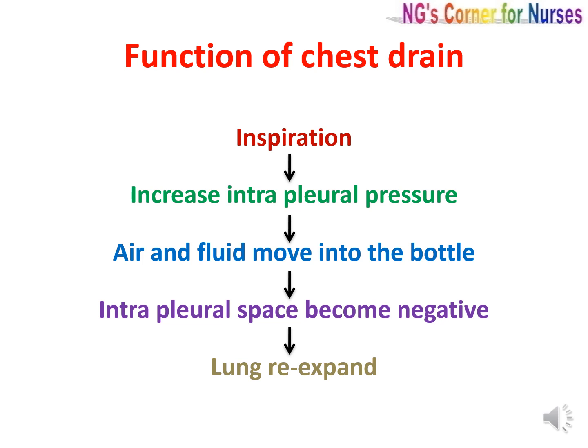This pressure makes the air and fluid move into the drainage bottle. This is because the intrapleural pressure is greater than plus 2 centimeter of water. So, once the air and fluid move into the drainage, the intrapleural space becomes negative again, and hence the lungs can re-expand to the normal.